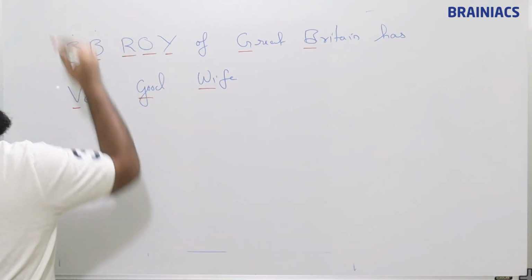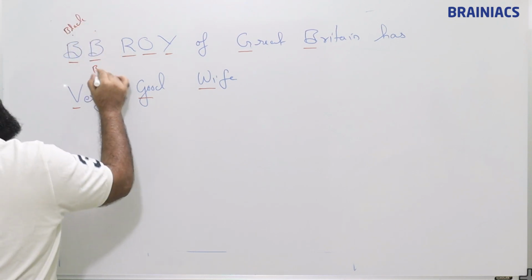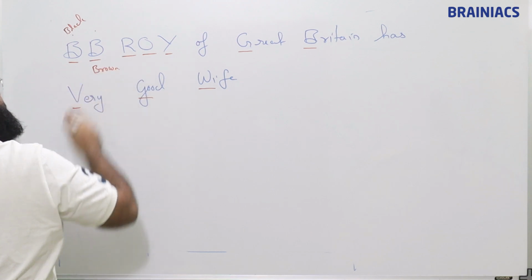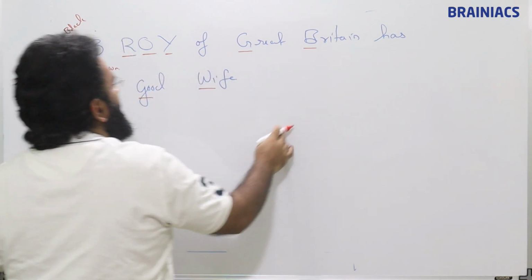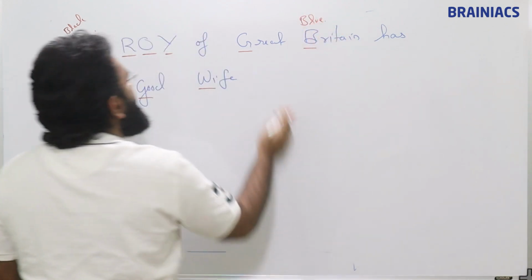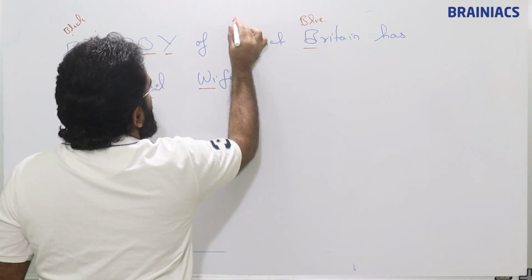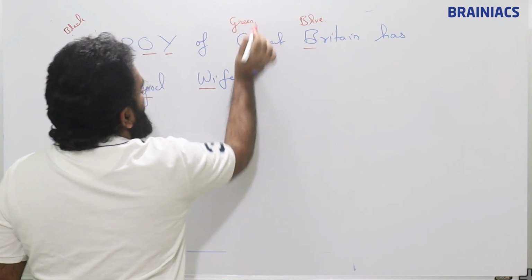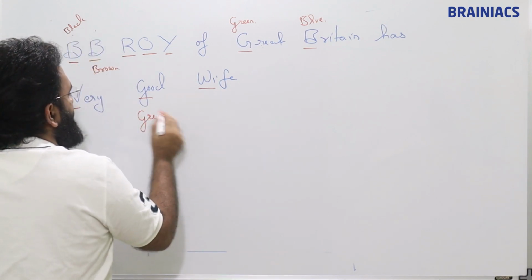So black, brown. Here three B's are there, so we should not get confused. This is nothing but blue. Then Great has got GR, so you can remember this is green, and here this is going to be gray.